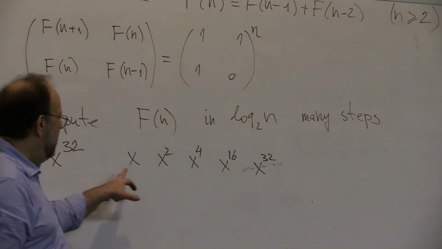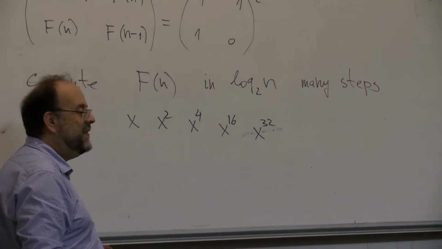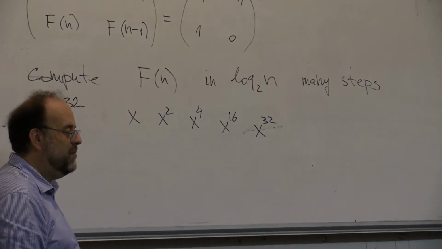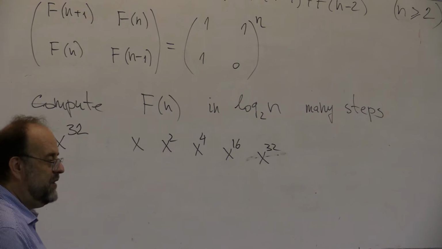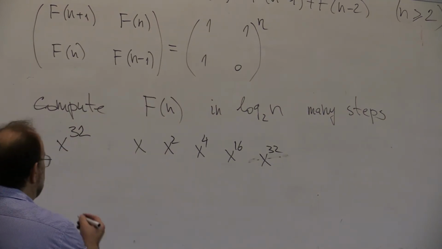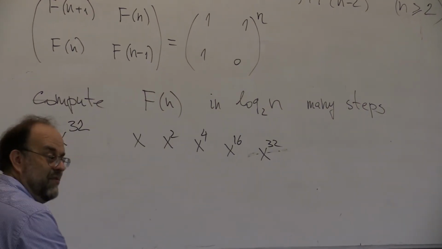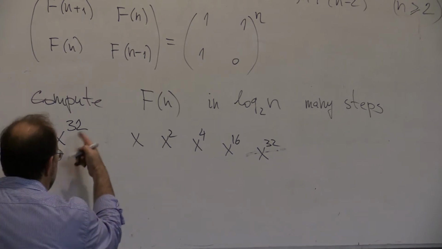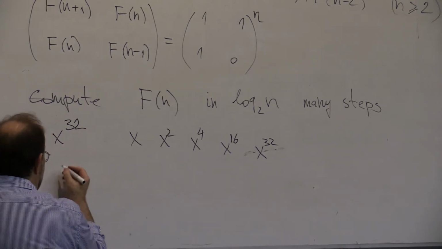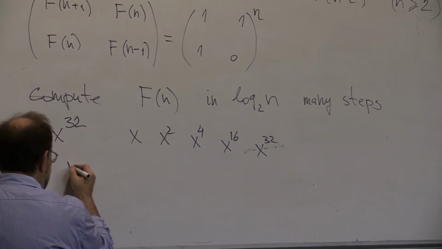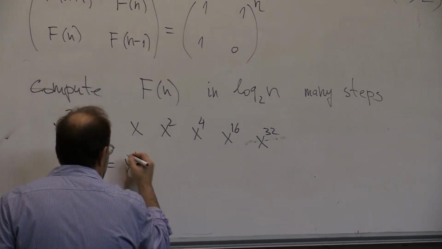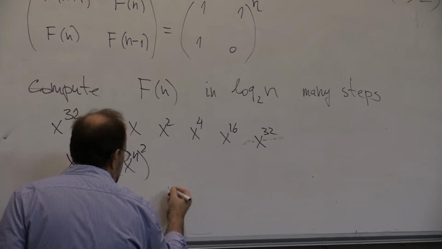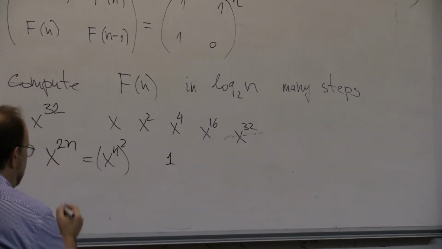So in order to compute a number, how many steps does it take? How many multiplications to compute n power of a number? What's the recurrence? It's about 2 times log n, right? Because depending, okay, let's see. What is the idea? The idea is that x to the 2n is x to the n squared. So this is just one extra multiplication.